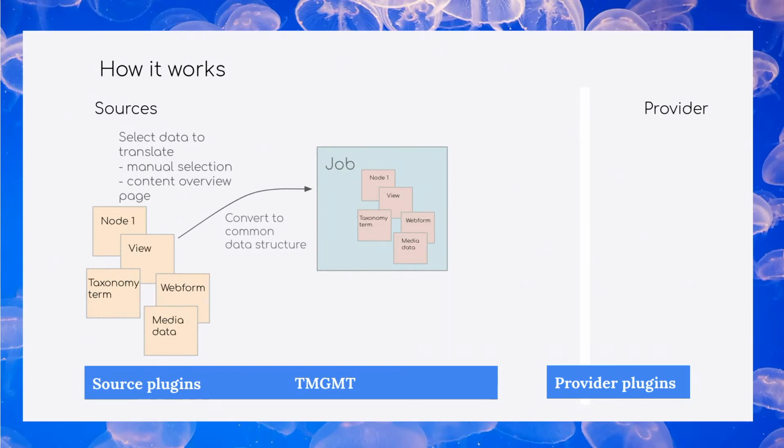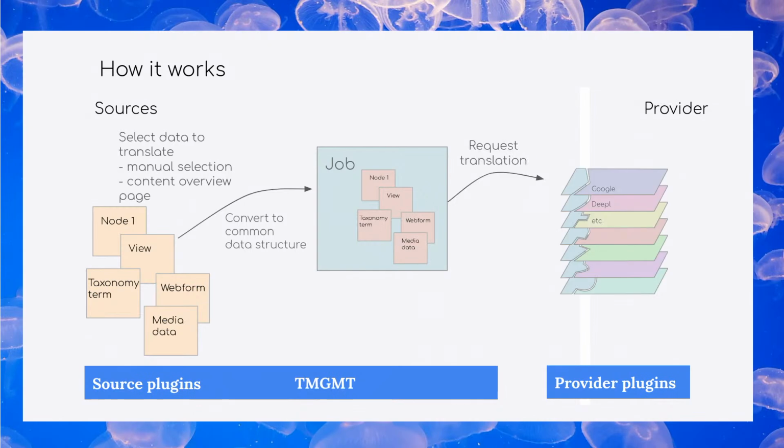Once the job is created, we send the translation to the provider. Obviously, there are a ton of providers. We support 30 or so currently, and they all have their own APIs, of course. So what we do is that TMGMT exposes one API, and then we develop the provider plugins.